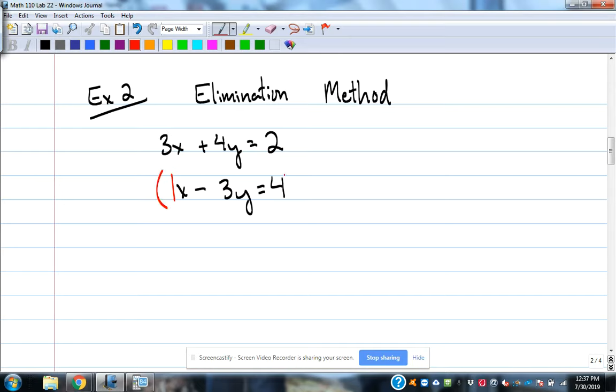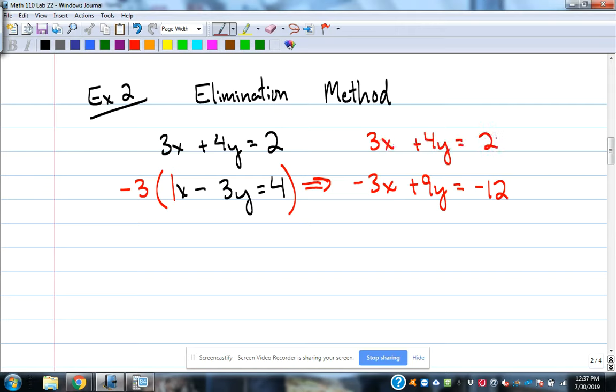We could turn the second equation into a negative 3 in front of the x by distributing a negative 3 to the entire equation, so that we have negative 3x plus 9y is equal to negative 12. And the first equation, we're not going to do anything to that one, because that would give us opposites on the x.